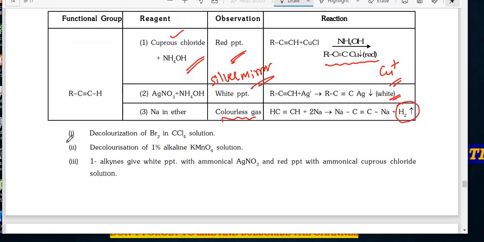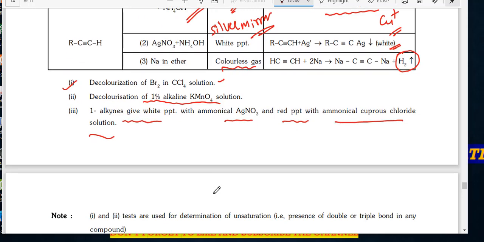Decolorization of bromine in carbon tetrachloride, decolorization of 1% alkaline KMnO4 solution. 1° alkynes give white precipitate with ammoniacal silver nitrate and red precipitate with ammoniacal cuprous chloride solution. These are the conclusions.